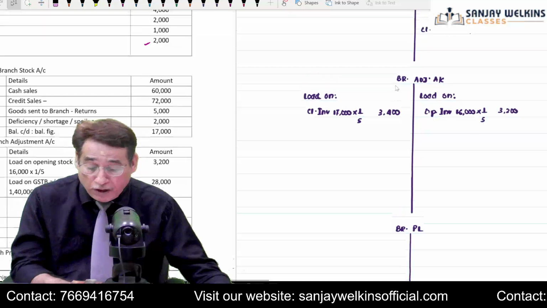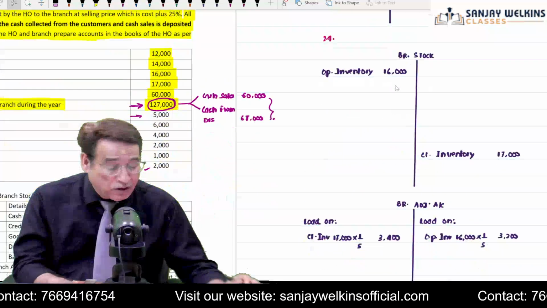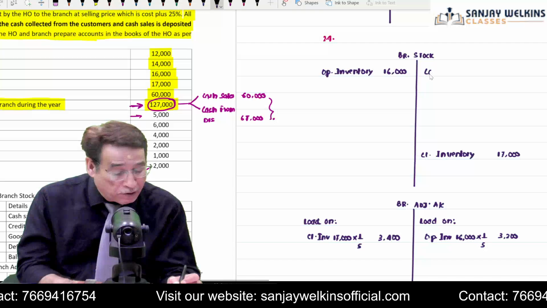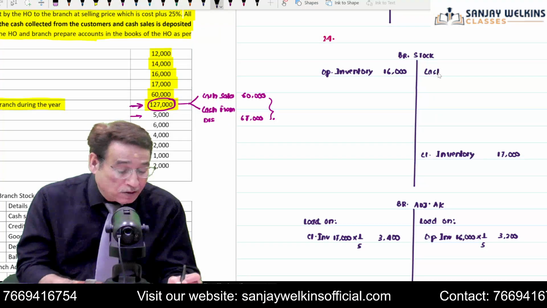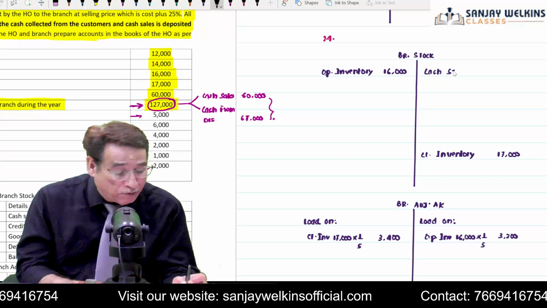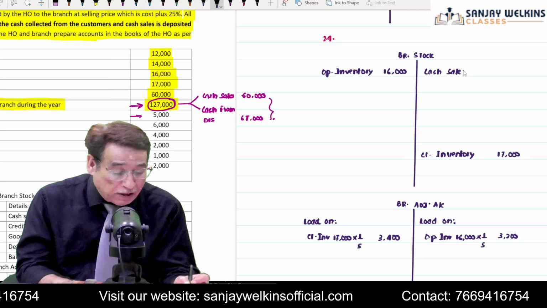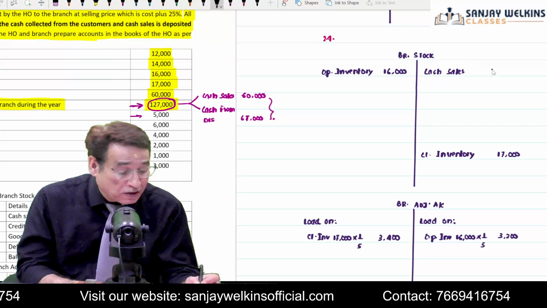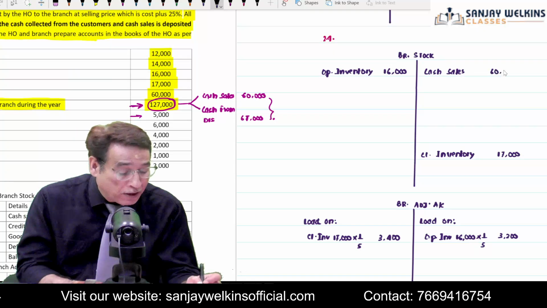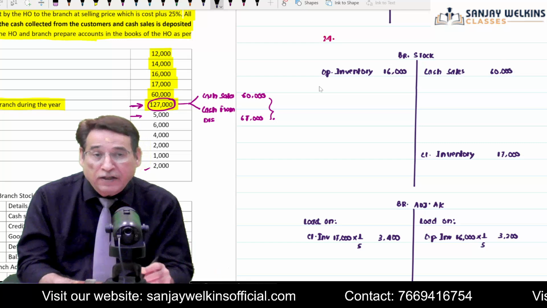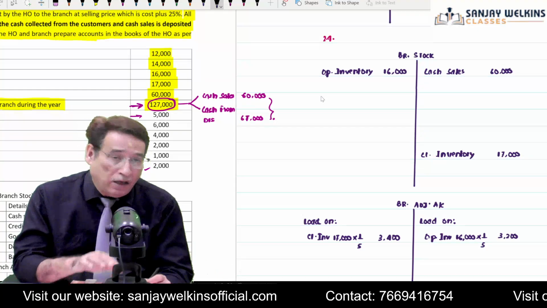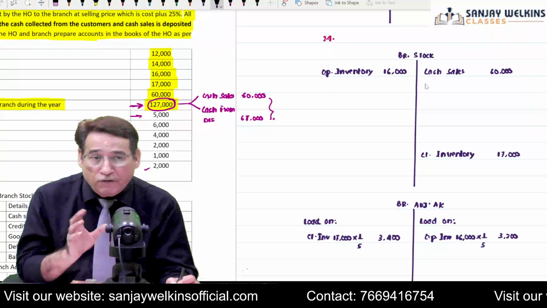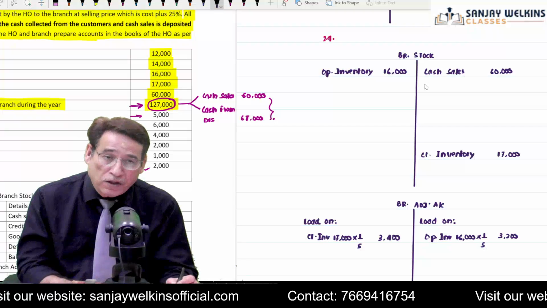After that, we are being given cash sales. Cash sales we will write on the credit side of the branch stock account. Since we are not preparing a cash account, we will not post it anywhere else. Now cash sales are 60,000. Total amount remitted is 1,27,000, as I talked about earlier. Indirectly, it means our cash receipt from debtors must be equal to 67,000.